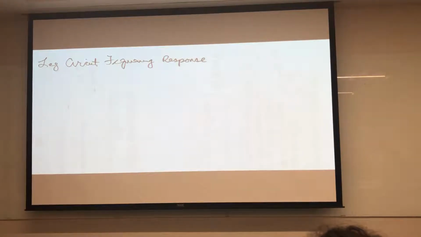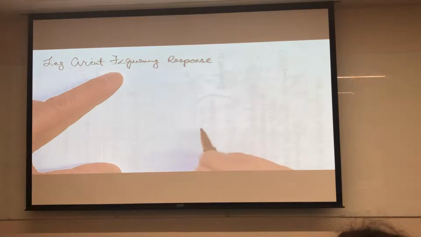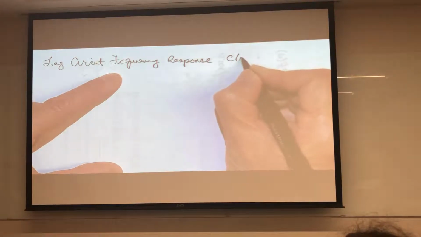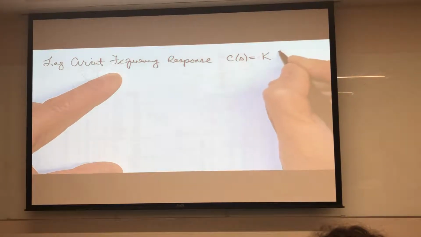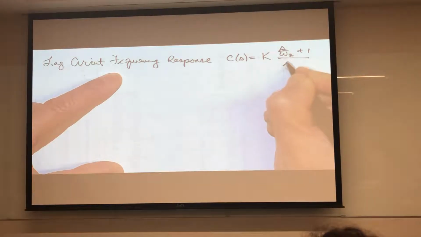All right, so the phase lag frequency response, we're going to sketch 2 things. We're going to sketch the Bode diagram just of the compensator. The compensator is C of S is equal to K, S over omega Z plus 1, S over omega P plus 1. Okay, like so.